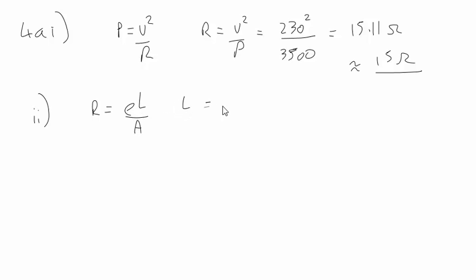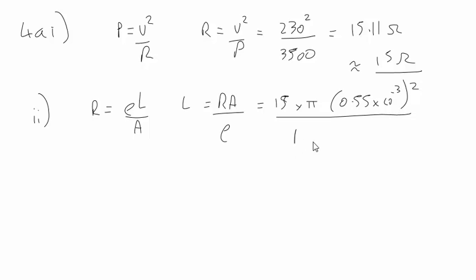So length is equal to resistance times area over resistivity, which is a resistance of 15 ohms times the area, pi times (0.55 times 10 to minus 3 meters) squared, over the resistivity of 1.6 times 10 to minus 6 ohm meters. That gives a length of 8.9 meters.